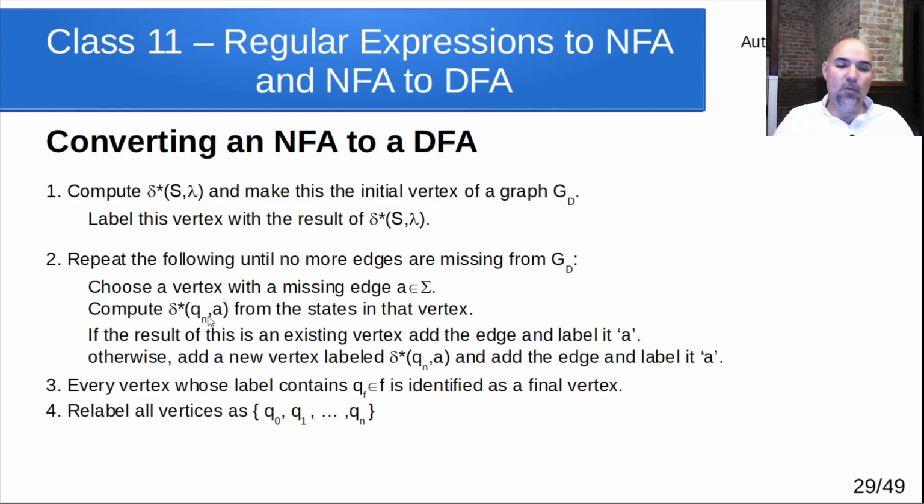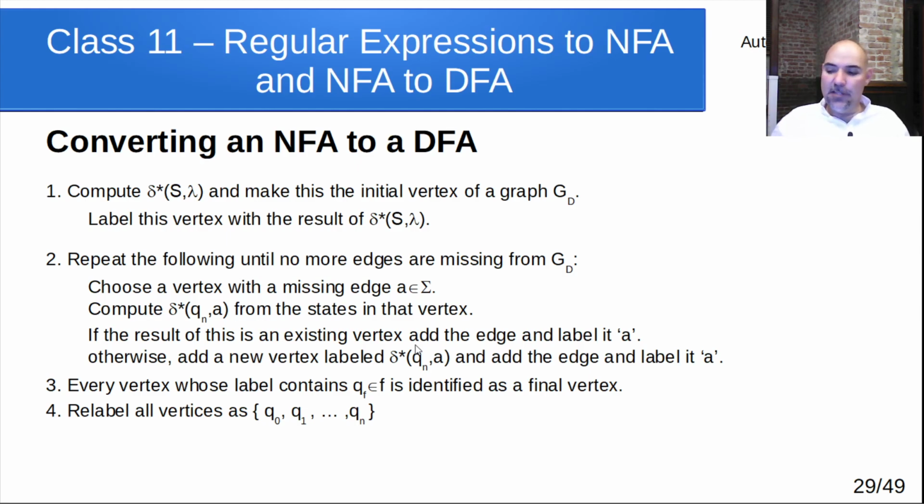In other words, I'm going to say, what are all the places I can get to using this symbol from all of the states that are in the vertex I'm looking at? And that's going to create a new set of states. So the result of that, if it's an existing vertex, we just add an edge, draw an arrow from that state to the one that it transitioned to.